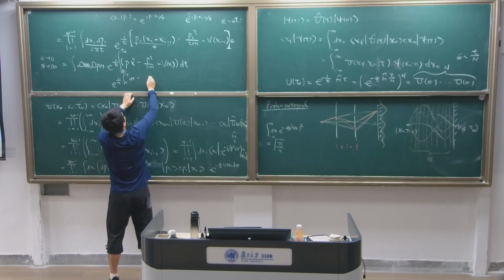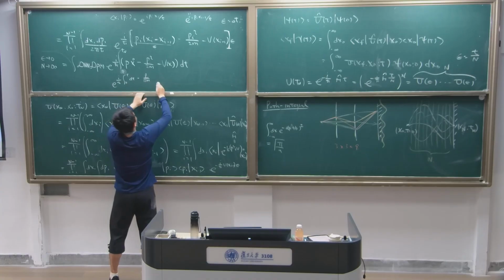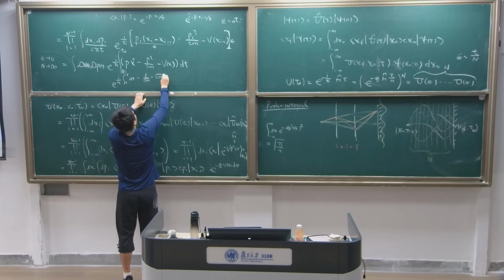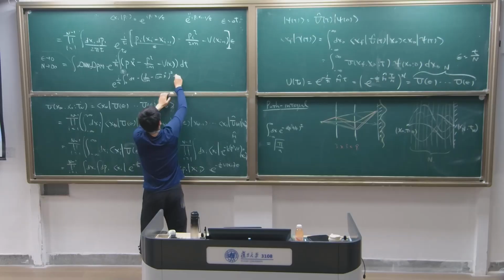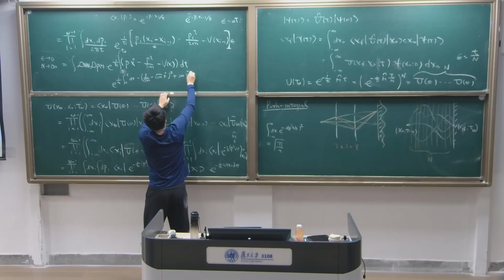So this is minus p over square root m minus square root m x naught square, plus 2m x naught square.